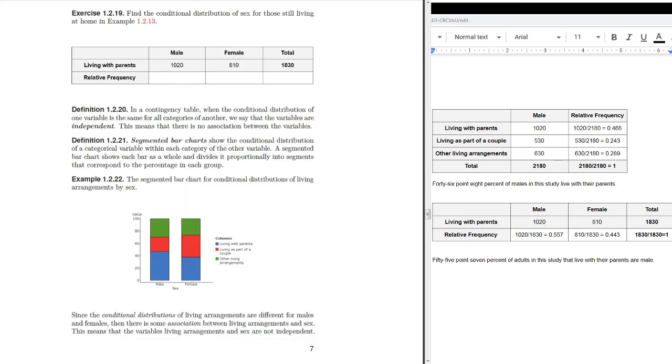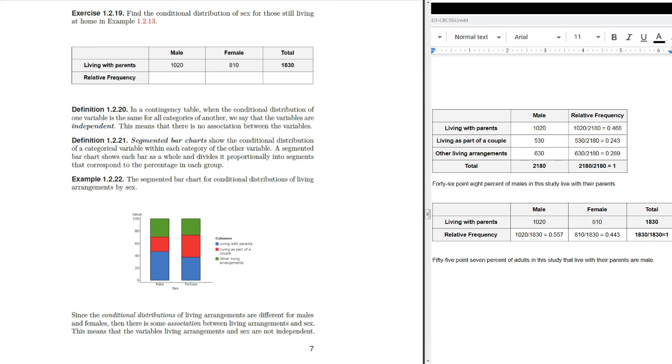And when the conditional distribution of one variable is the same among all categories of another, then we say that the variables are independent. And this means that there is no association between the two variables. We can visualize the conditional distributions by using what are called segmented bar charts. These charts show each bar as a whole and divide it proportionally into segments that correspond to the percentage in each group.